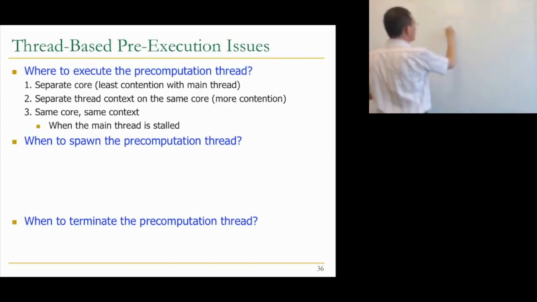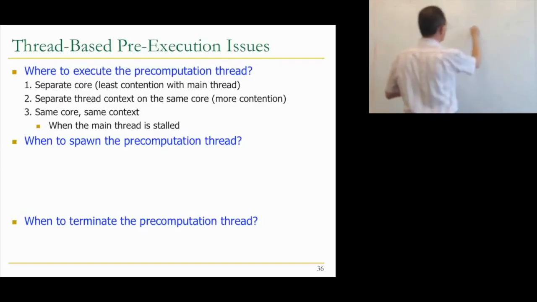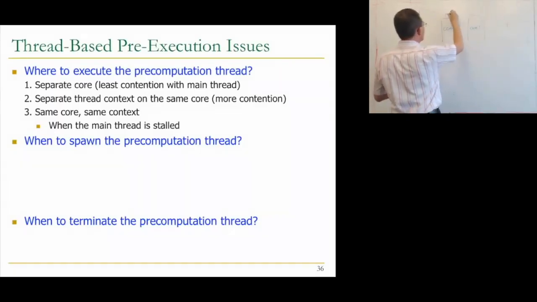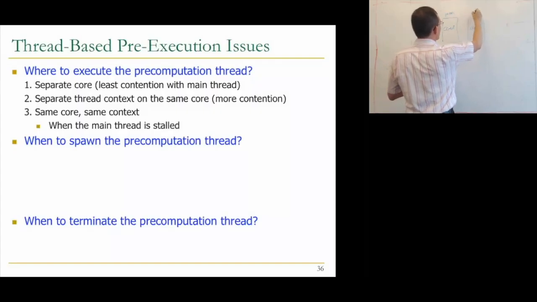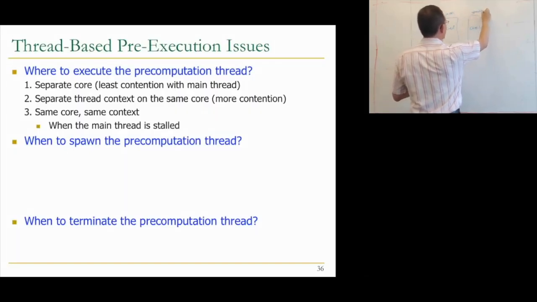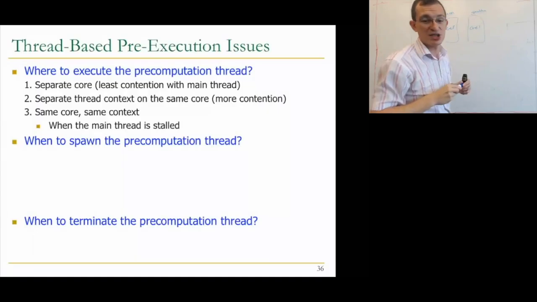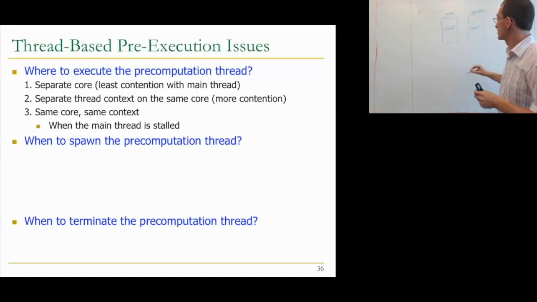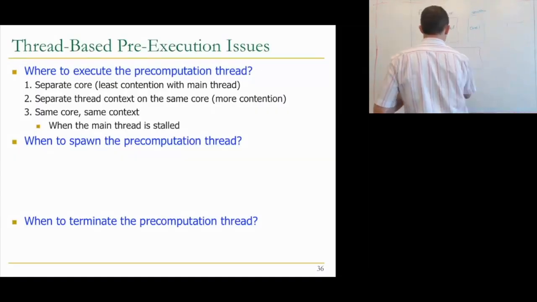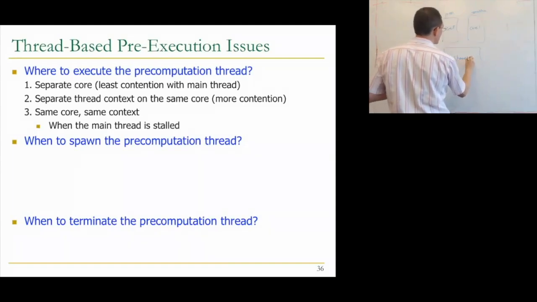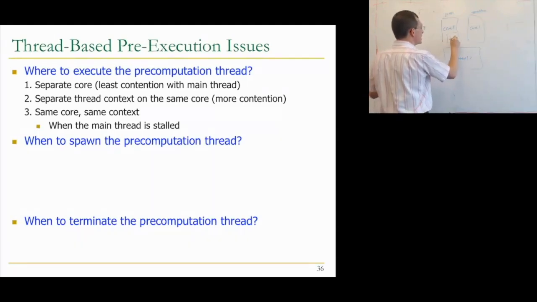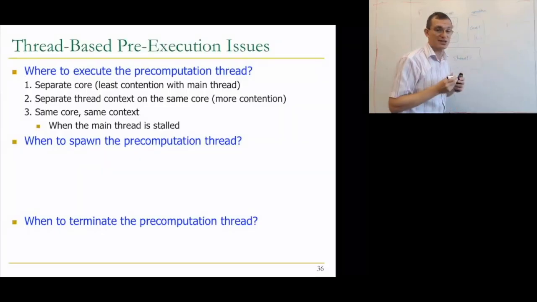Basically, you have core 0 and core 1. You can execute the main thread here, and you can execute the speculative thread here. There's no contention between the speculative and main thread in this case, which is good. But the downside is they're not communicating tightly together. They're communicating through the shared L2, for example. So communication may be hard, and they have private L1s, right?